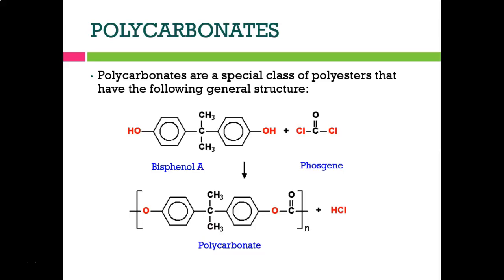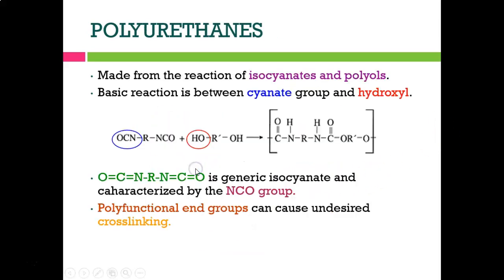This is an example of preparing polycarbonates. Polycarbonates are a special class of polyesters, made from bisphenol A and phosgene to produce polycarbonate. This is a special case, polyurethane. This is a non-condensation polymerization made from the reaction of isocyanate and polyol.